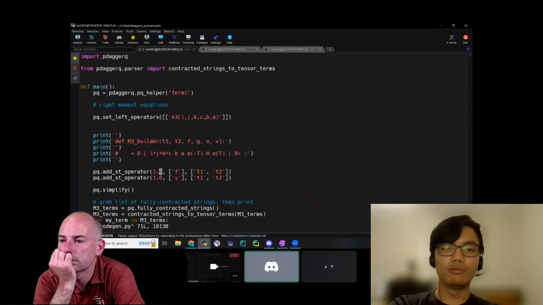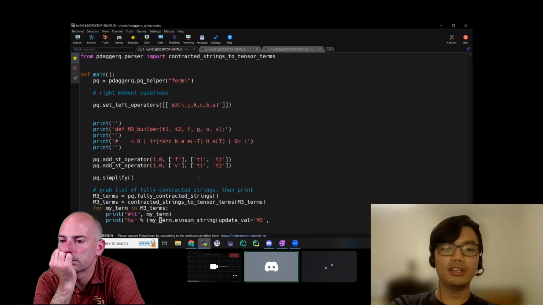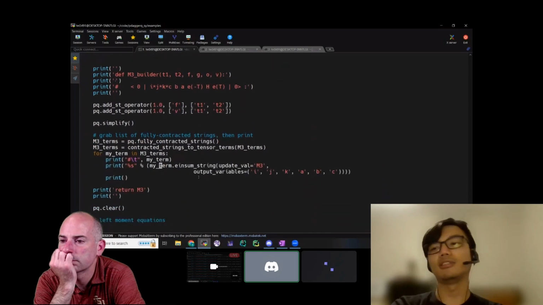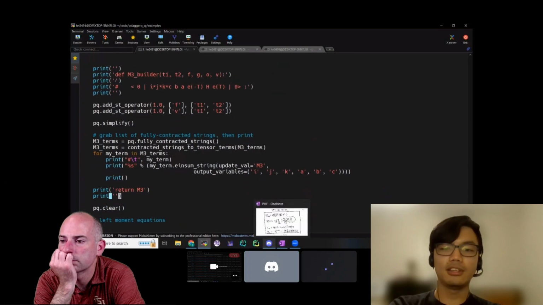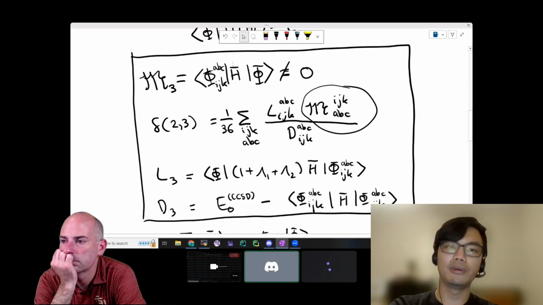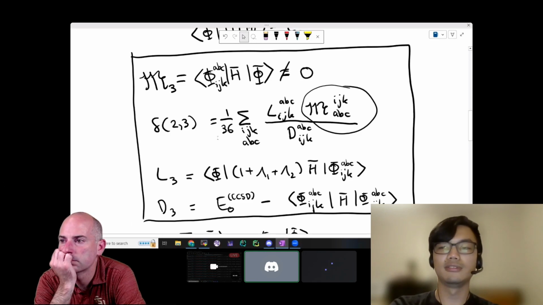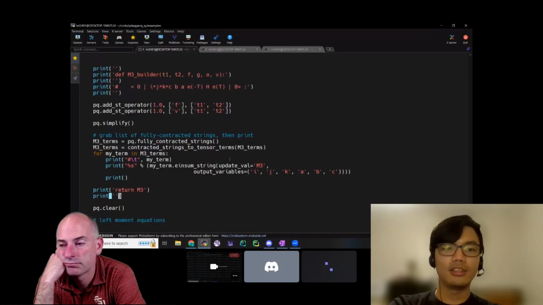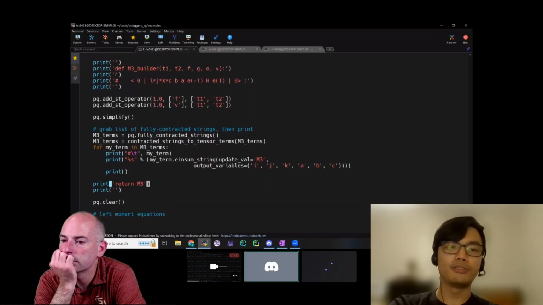And then we add similarity transform, one two-body integrals with T1 and T2, simplify and do that, and then we just print it, right? That's your M3 component, and that's exactly this. You do reference H bar projected on IJK-BC, right? And this will give you M3.